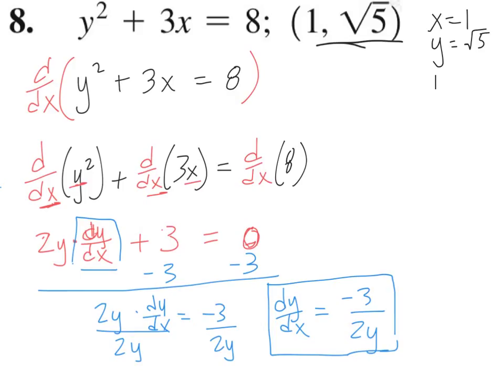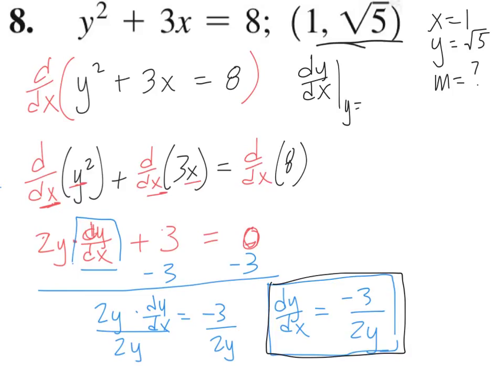But I need to find my slope at this point. And the slope is generated by using my derivative and plugging in my y value of the square root of 5. So dy/dx evaluated at y equals the square root of 5. We could put x equals 1, but there is no x in my derivative.